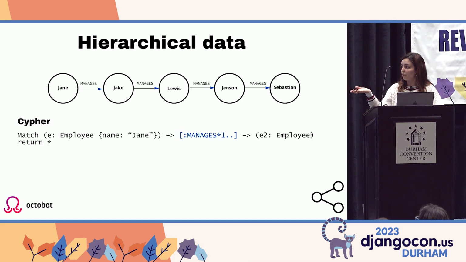So for example, if we have this database, where the labels are employee and the relationships are managed, and we wanted to know other people that Shane managed, we can know this with this simple query without adding the maximum length of the path. So the result of the query will be the same graph as here, but if we put, for example, a 3, it will be from Shane to Jason because there will be 3 relationships between them.